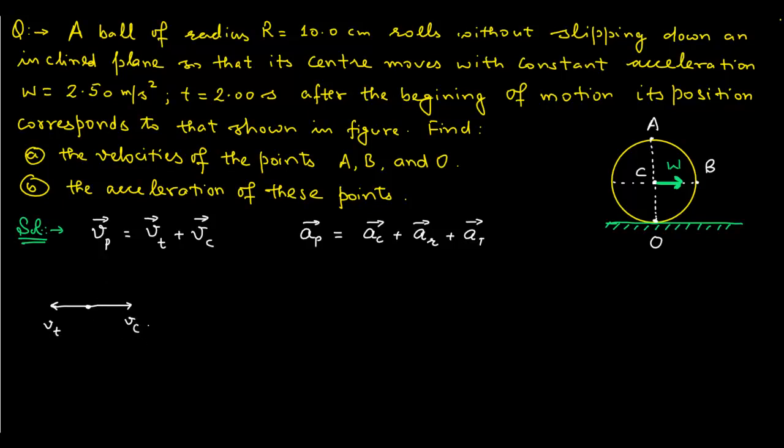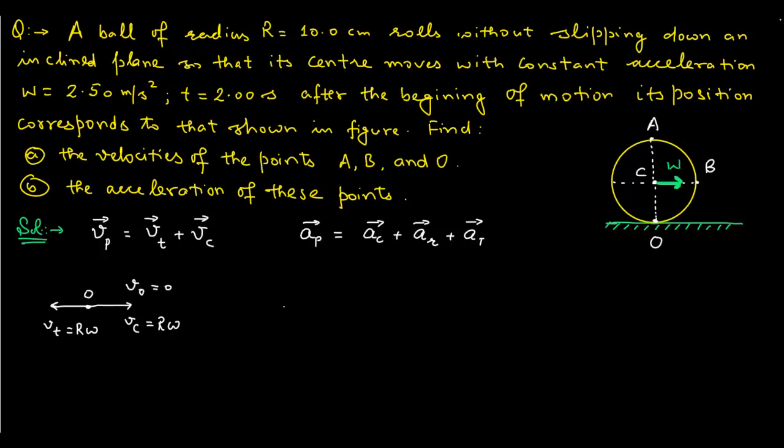Now Vc, as it is under pure rolling, is r omega, and as this point O is on the rim of the circular symmetric object, Vt is also equal to r omega, and hence the net velocity of point O is 0.